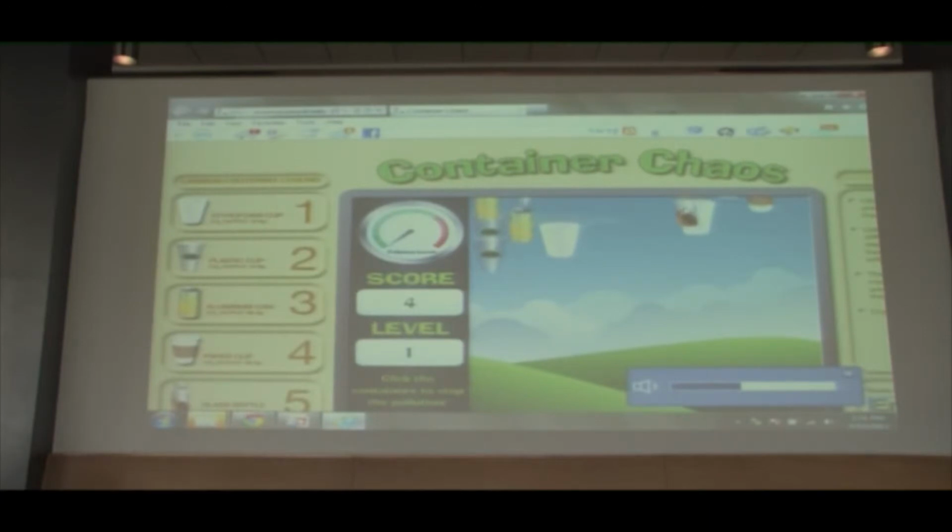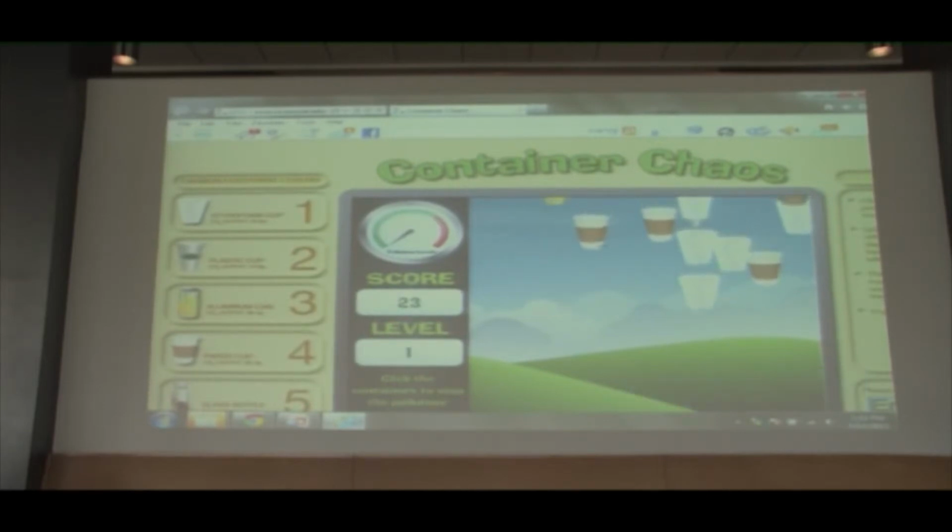So you notice I get different points for different containers. And so we decided we would normalize the values of these. Ultimately, we would like to have this system set up so that if people come up with new materials or new container designs, they can insert those into the game.